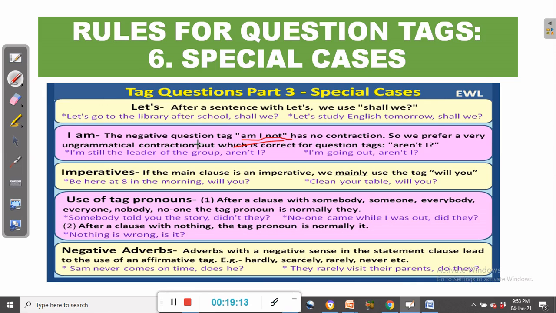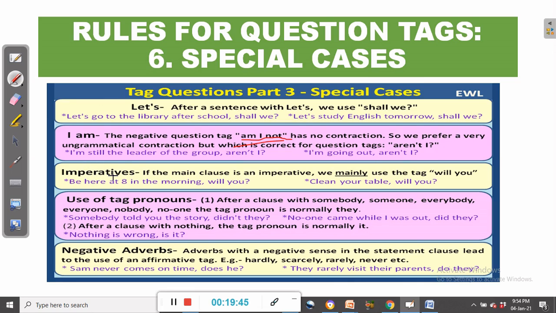For instance, I am the first to get into the office, aren't I? I am the first to pick one of the options, aren't I? I am still the leader of the group, aren't I? I am going out, aren't I? So those are the acceptable tags.